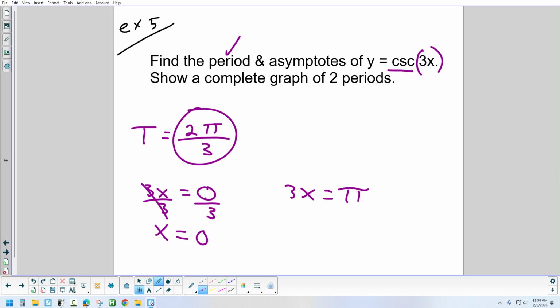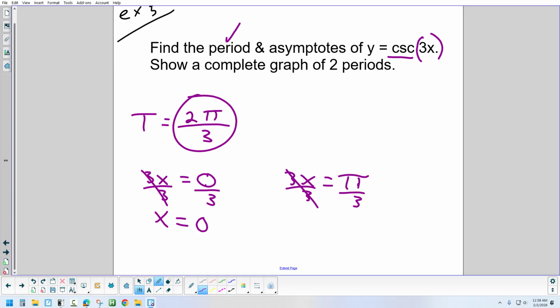But this one does. If you had pi and you shrink it 3 times as much, what number would you have? Pi over 3. So now we've got x equals 0, x equals pi over 3.